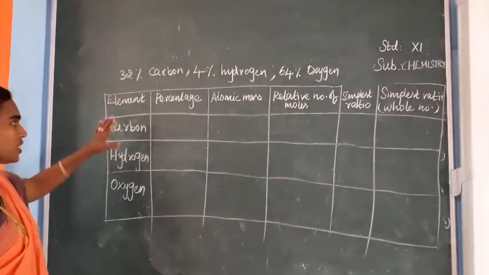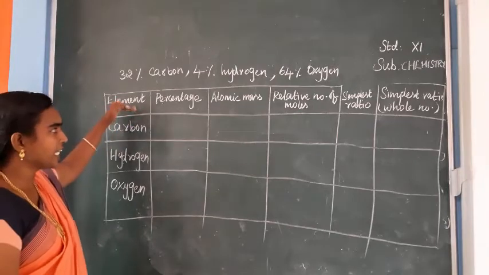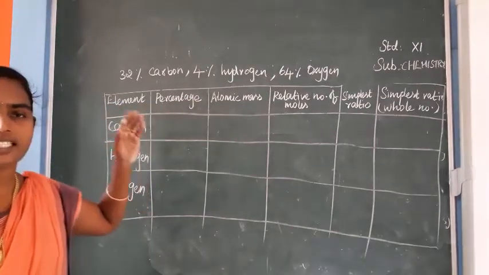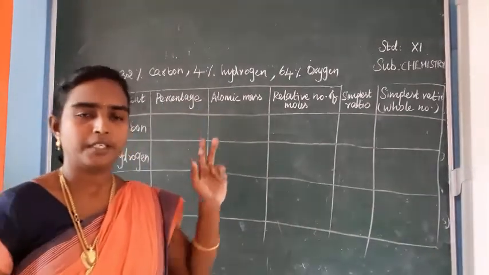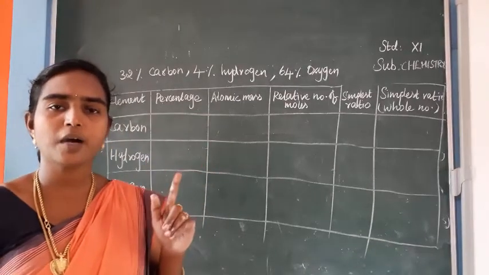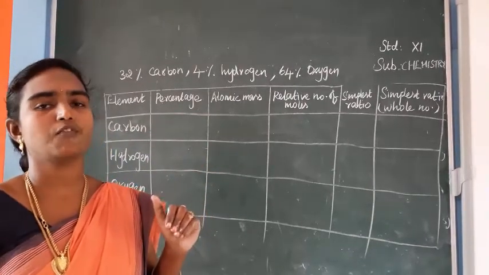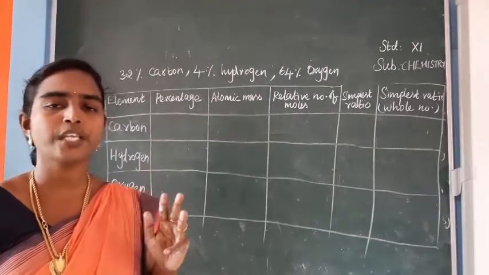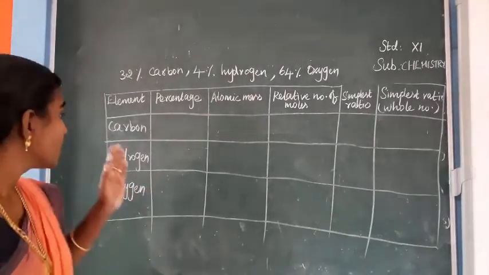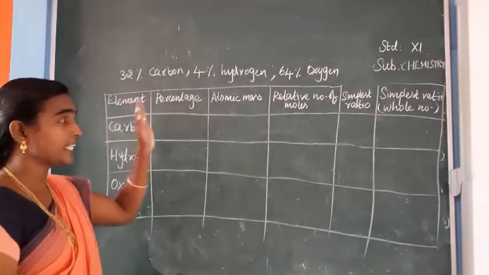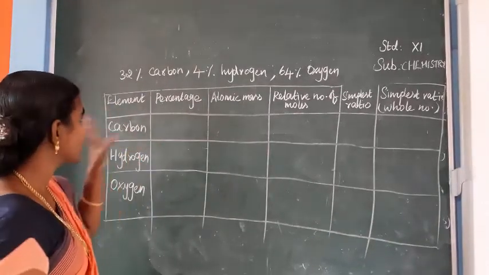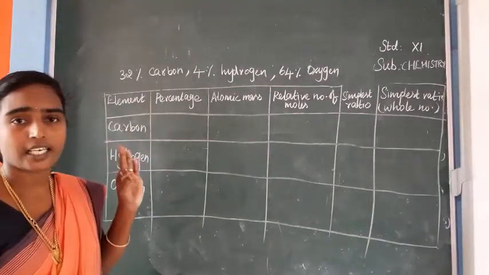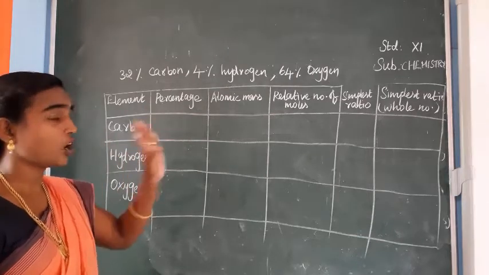Once again I am repeating the heading of each box: element, percentage, atomic mass, relative number of moles, simplest ratio in whole numbers. See here, first the data: 3 elements are there, carbon, hydrogen, oxygen.